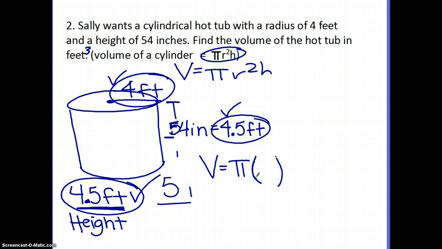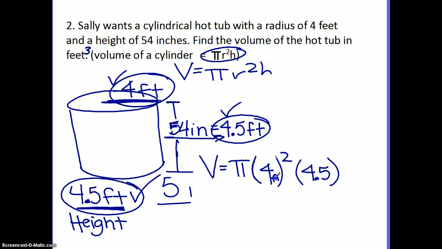We know the radius it said was 4 feet, so that's the number on the top. And then it says r squared, so we got to have a square here. And then times h. So h is that height that we found in feet right here. So we want to times it by 4.5.